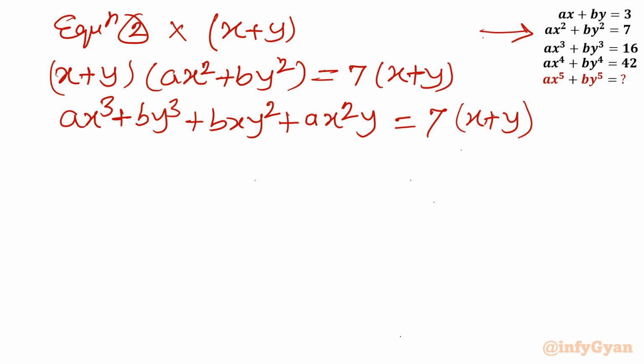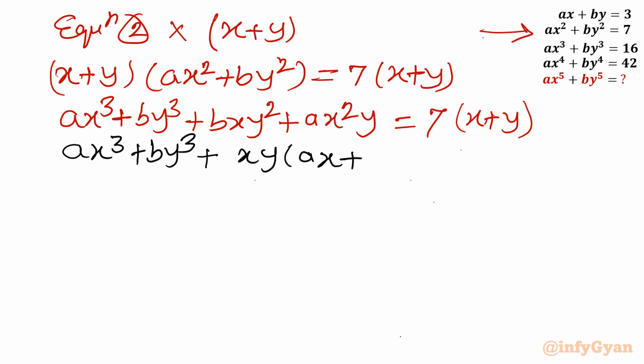Now xy is again common. I will take xy out. So ax^3 + by^3 unchanged. Then xy is common, so I will have ax + by in the bracket. Right hand side 7 times x plus y.